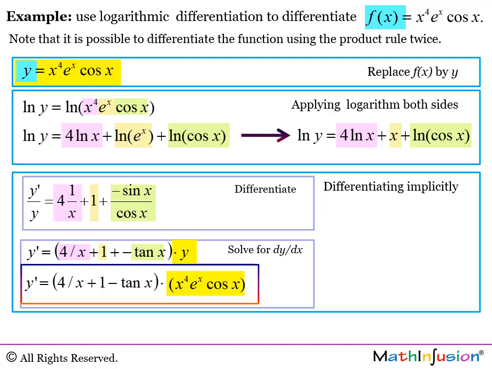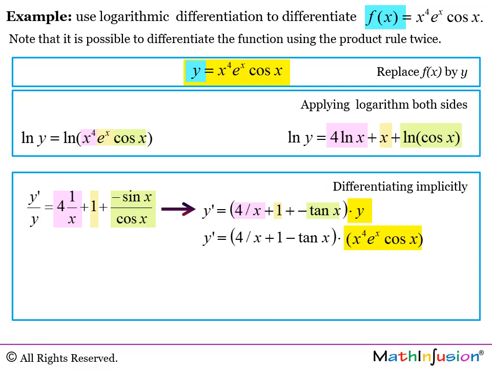As you can see, this was actually implicit differentiation, but it was a very easy one. On one side of the equation, we have ln of y. On the other hand, we have just functions of x. The idea of replacing f(x) by y is to have x and y, because otherwise it's a little bit funny to do implicit differentiation.